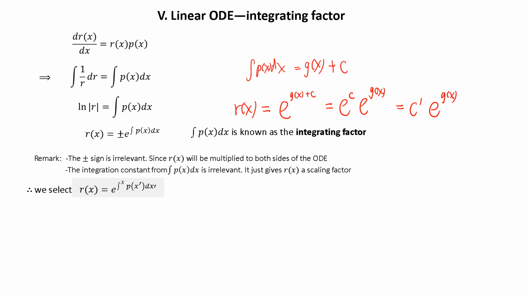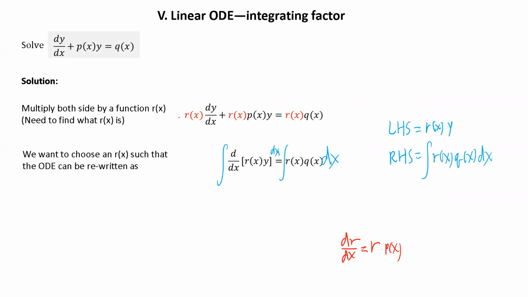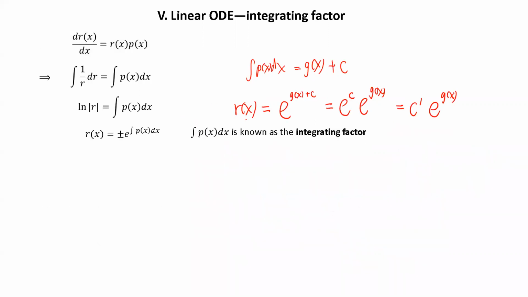And again, the same question. When you find r of x, whether you have this constant factor in front doesn't matter. Because at the end, this r of x is multiplied to both sides of the equation, so an extra prefactor in front doesn't matter.